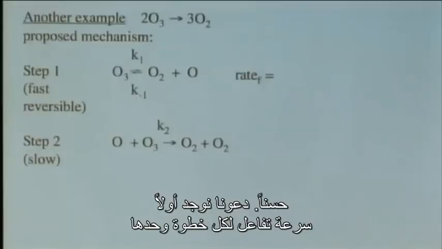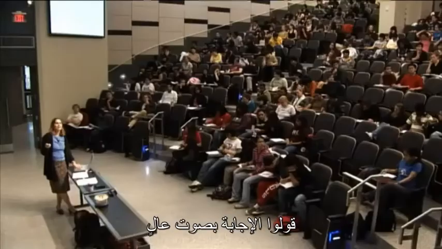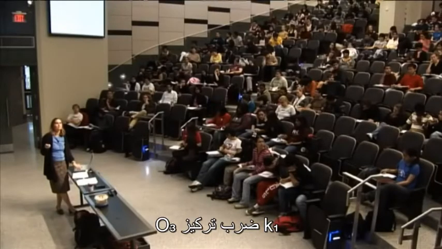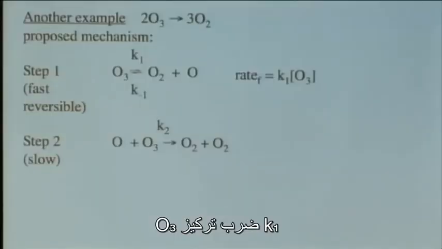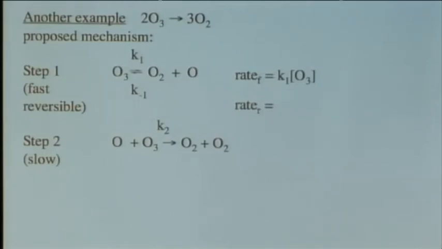All right, so let's first think about the rates of the individual steps. So the rate of the forward reaction here is going to be what? Just yell it out. Yep. K1 times the concentration of O3. What about for the reverse step? Yeah, always it's like clear and then it gets mumbly.